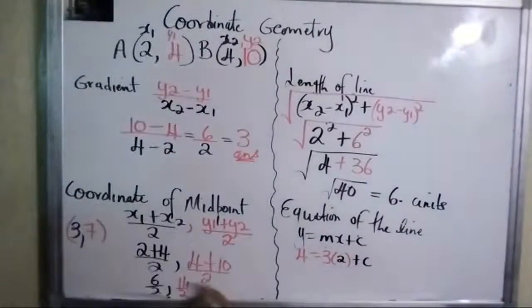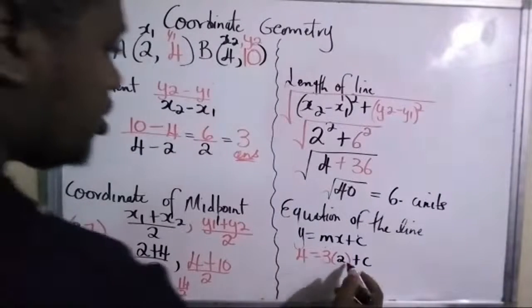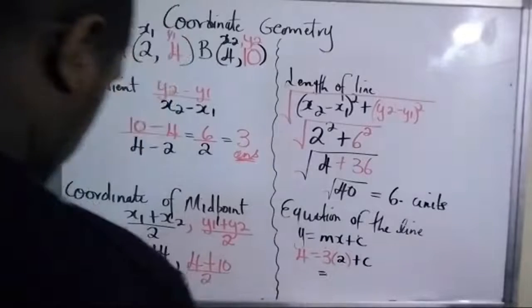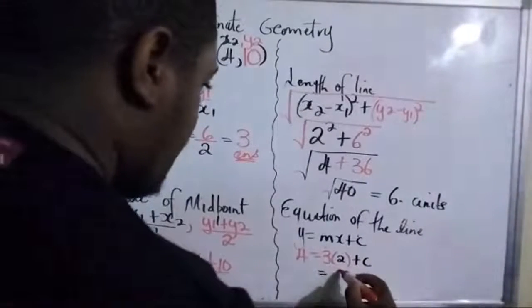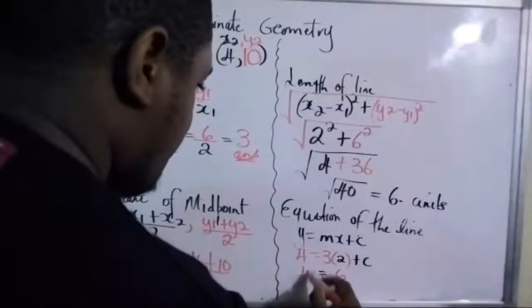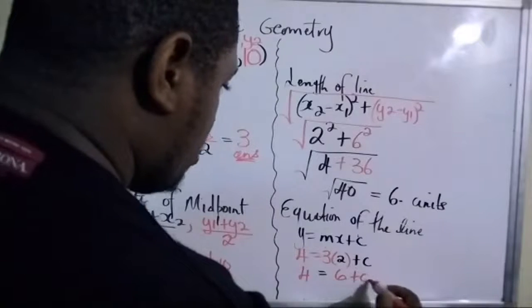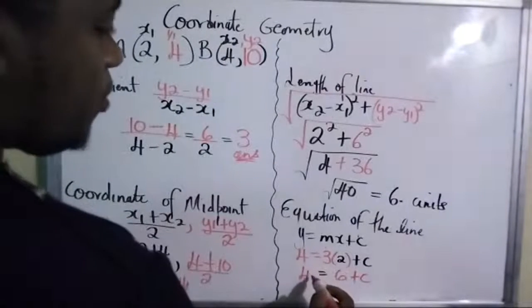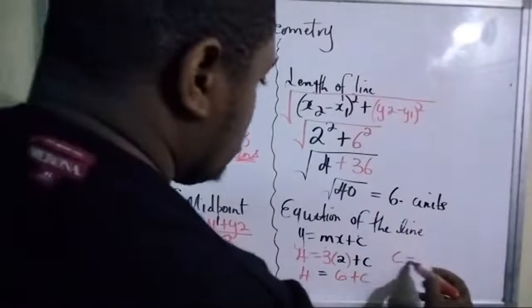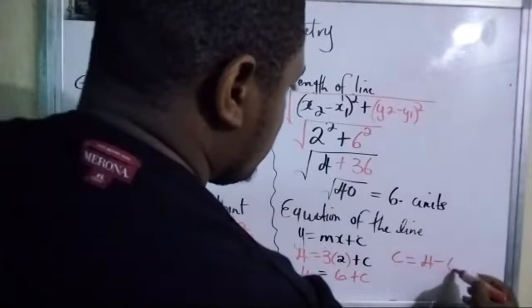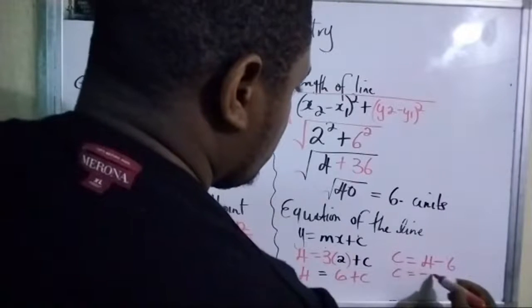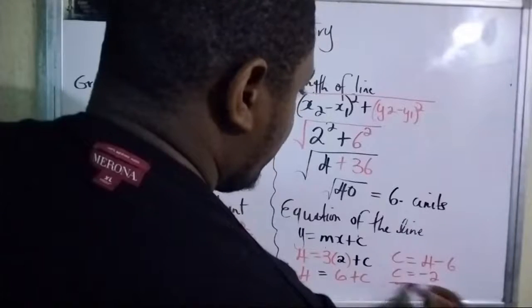All we have to do now is solve for c, and voila, that's the answer. So 3 times 2 is 6. All we have to do now is subtract 6 from both sides. So c is equal to 4 minus 6, so c is equal to -2. This is the y-intercept.